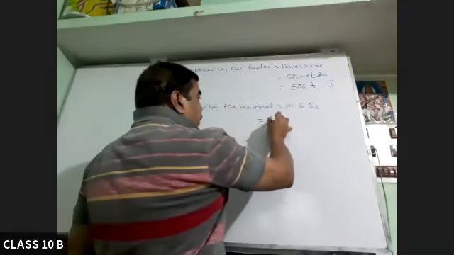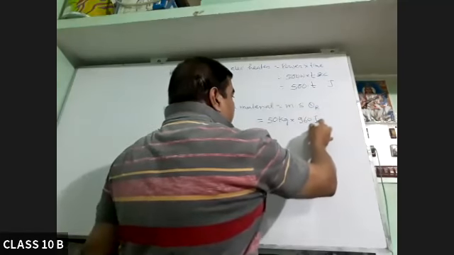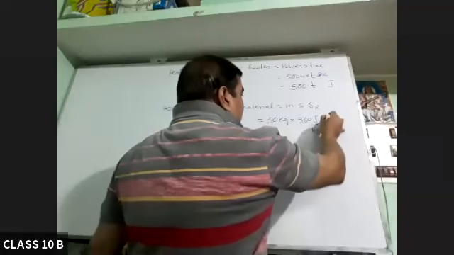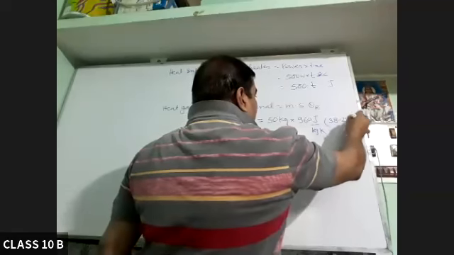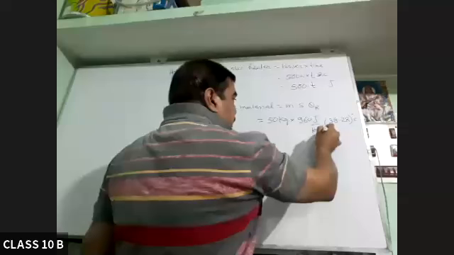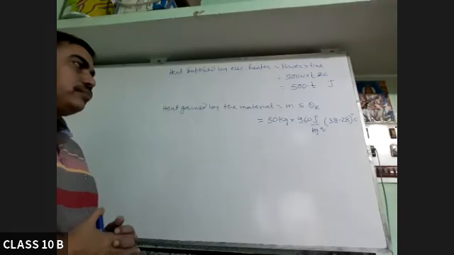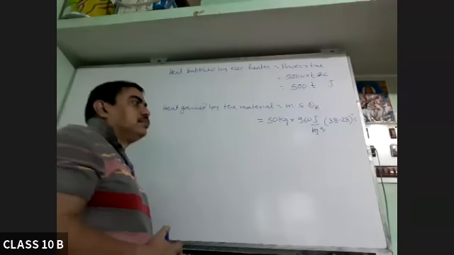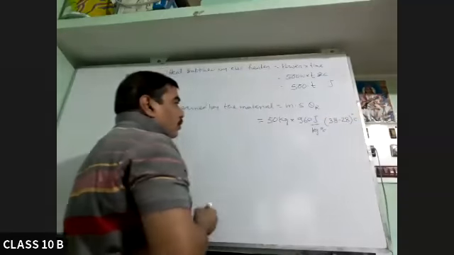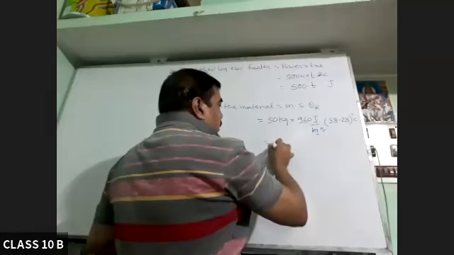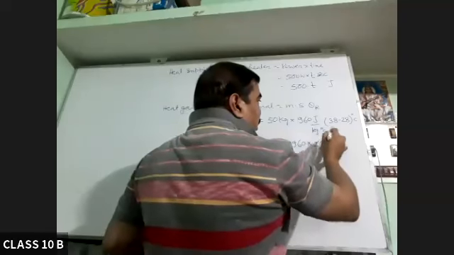So it is 50 kg, 960 joules per kg per Kelvin, and 38 minus 18 degrees Celsius. Kelvin or degree Celsius is the same. So kg cancels, degree Celsius cancels, so the answer comes in joule. So it is 50 into 960 into 20.